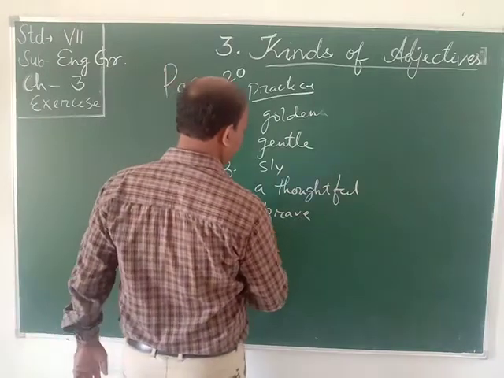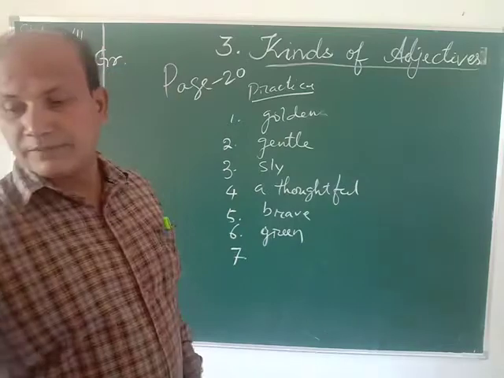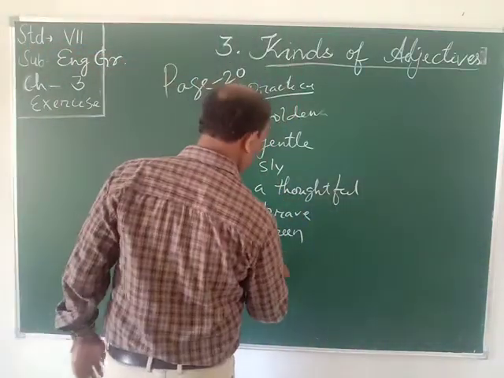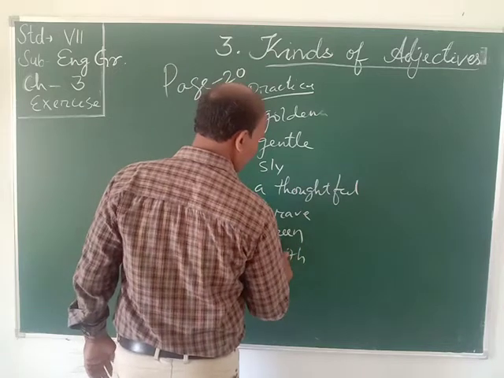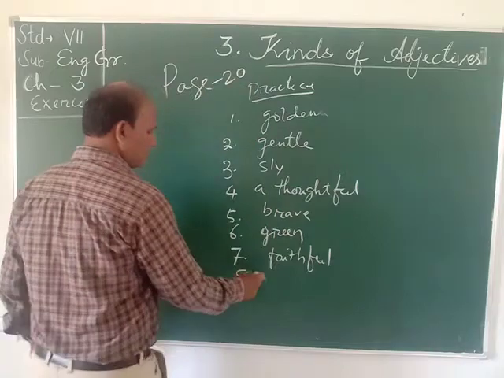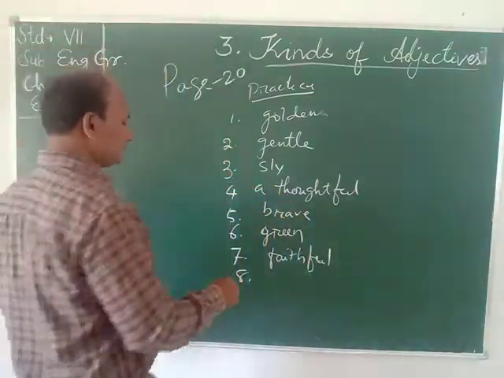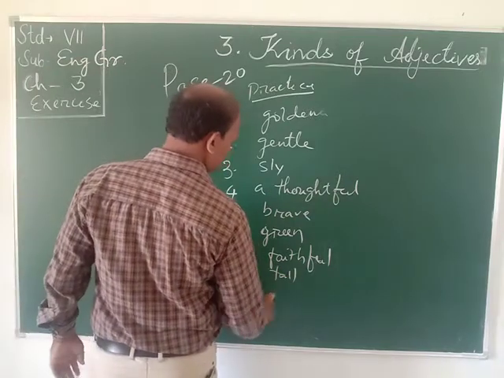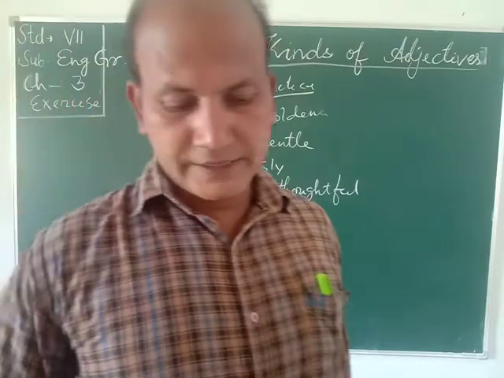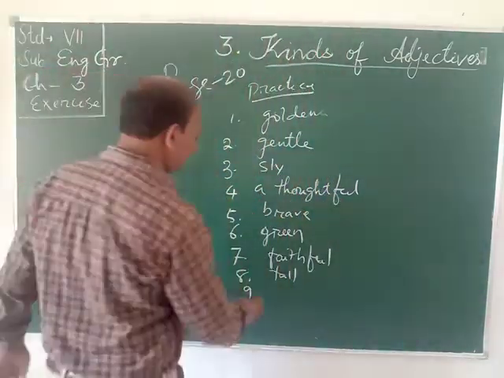7 number, dash dog, a faithful dog. 8 number, dash trees, tall trees. Number 9, dash mountains, steep mountains, steep mountain.